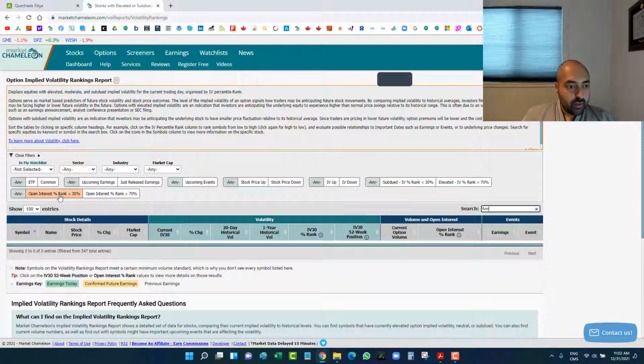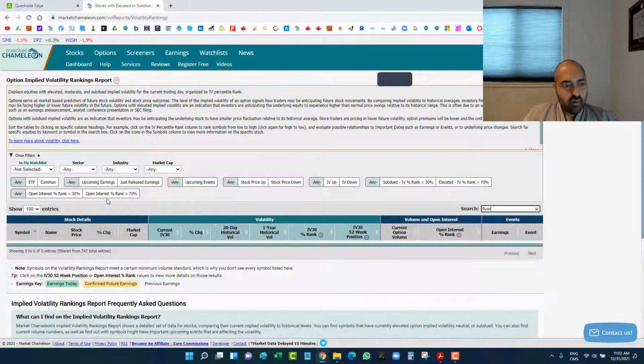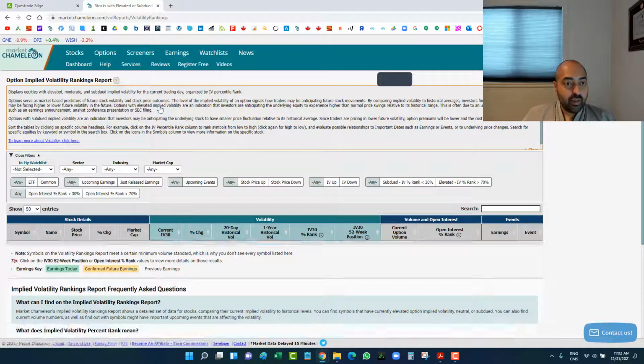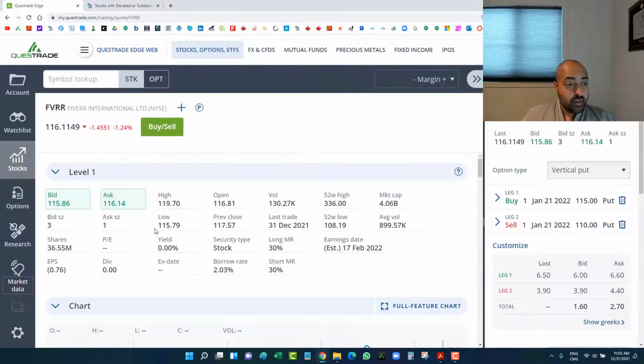Is there a filter on here that's preventing Fiverr from showing? FIVR maybe? No? That's weird. FVRR. Okay, let's try options, implied volatility rankings, FVRR. Interesting, not there.